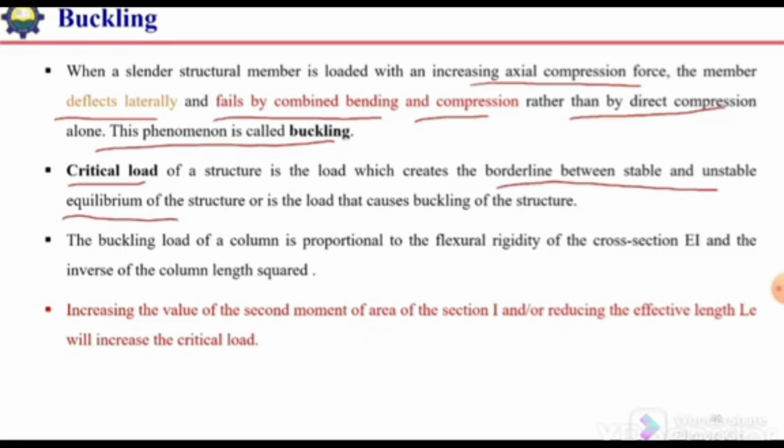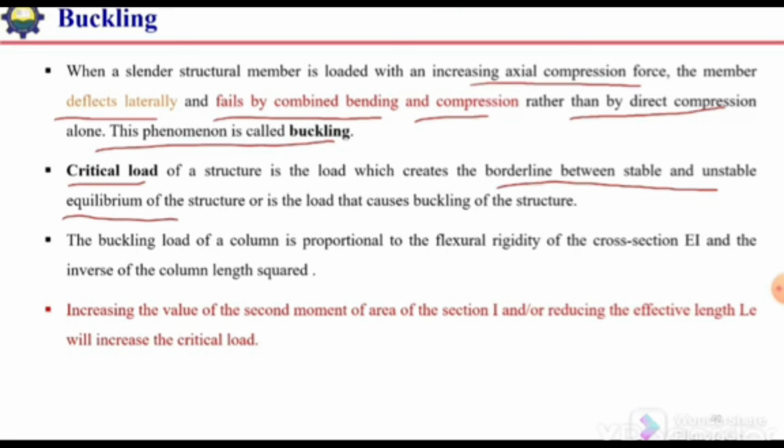But as we go on increasing the load, there will be a sudden increase in the deflection and the structure will fail and become unstable. The load where unstable equilibrium is achieved is the critical buckling load, or we can say the load at which buckling of the axial compression member occurs is termed the critical buckling load.